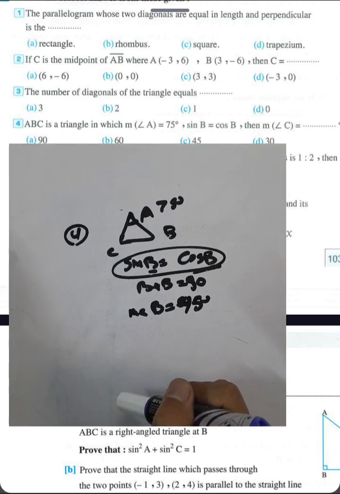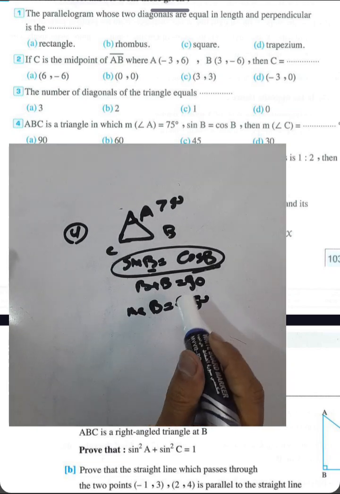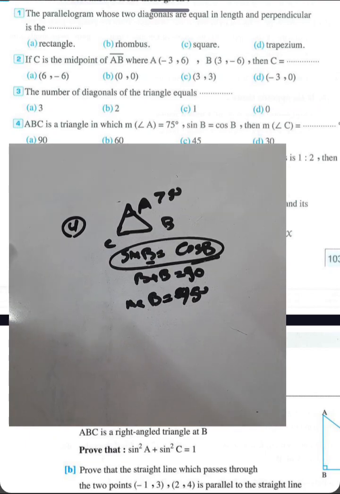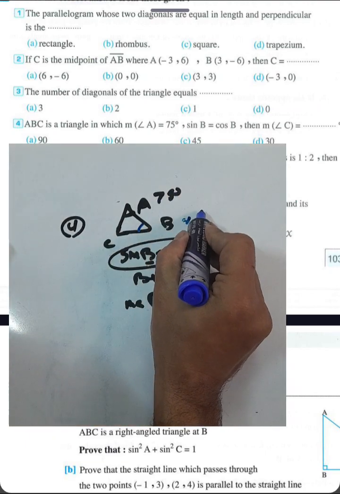Then the sum of them equals 90, and 90 divided by 2 equals 45. Then the measure of angle B will be 45 degrees.